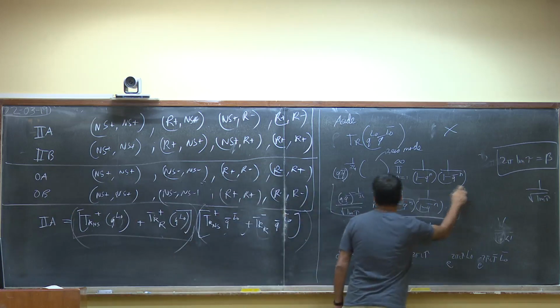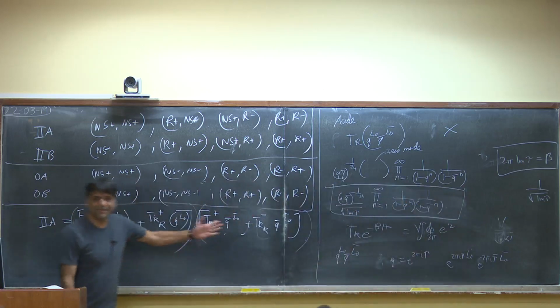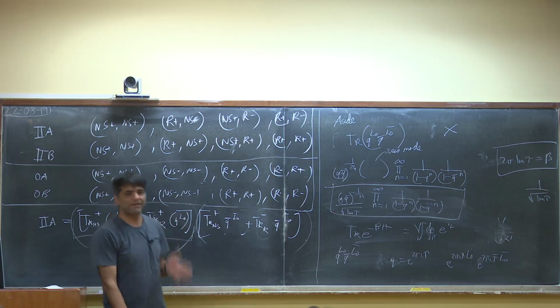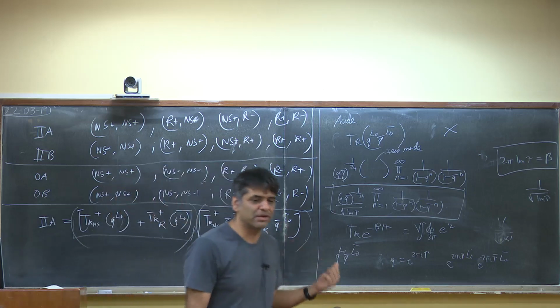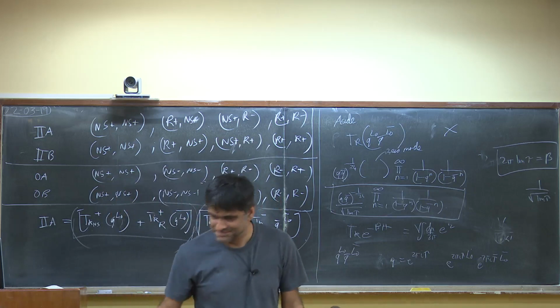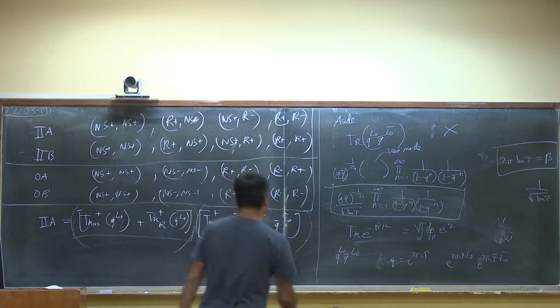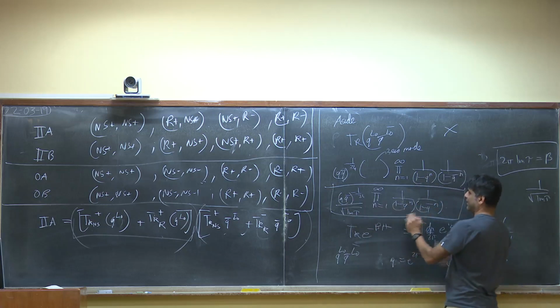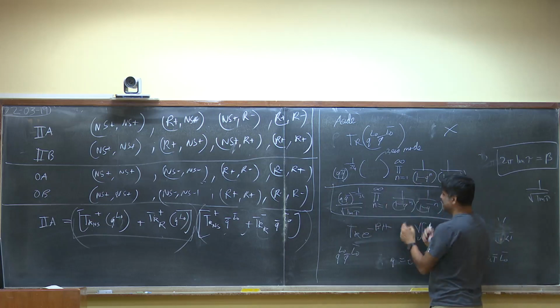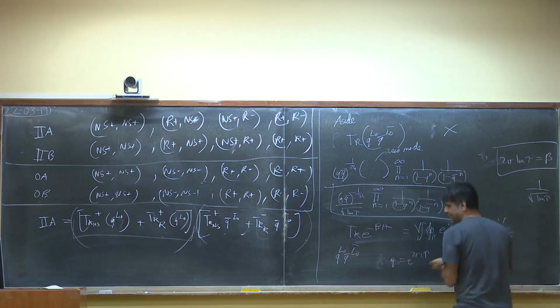Now this quantity is a famously modular invariant thing. It can be written in terms of what are called eta functions, which are defined by these products. I'll write it down once.